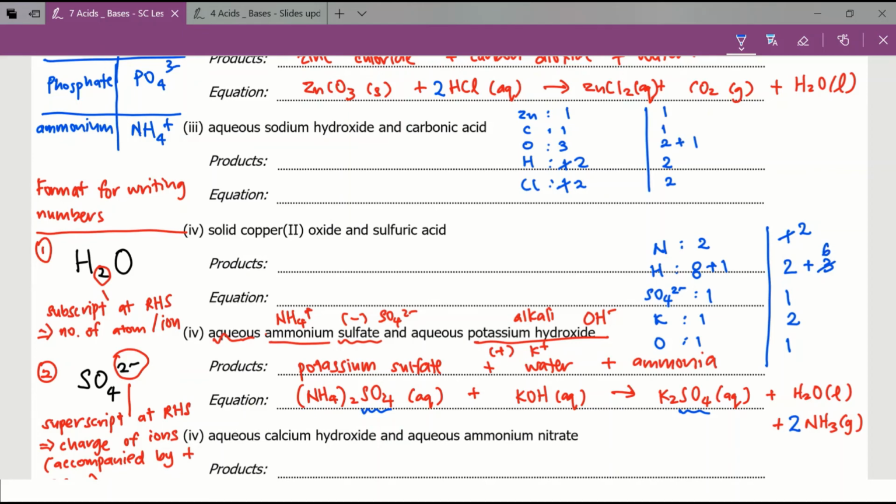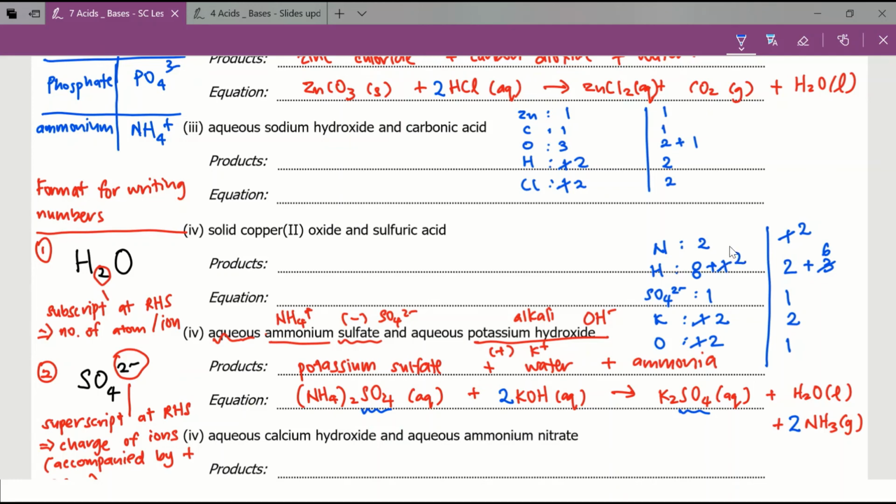Okay, then for potassium, over here just now, there was 1 potassium on the left, but there's 2 on the right. So I will need to make sure that there are equal number of potassium. So let's put coefficient 2 in front of potassium hydroxide and update our numbers again. So K will be 2 and oxygen here is 2 and hydrogen will be 8 plus 2.